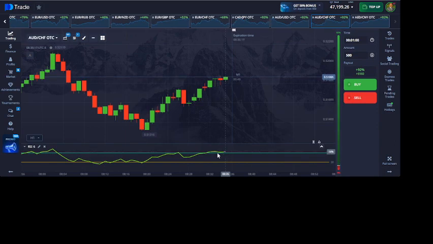All right, it's heading back up. It's pushing upward here. So the idea is that the RSI line has to go above the 70 line, and then cross back down below the 70 line, and the candle has to close below. So let's look for another setup.